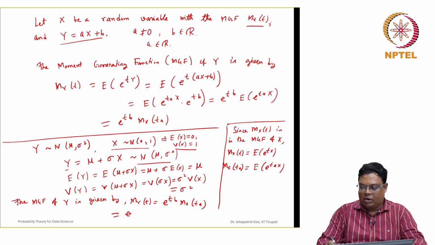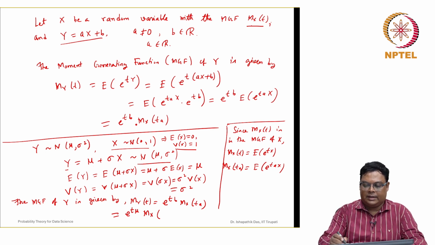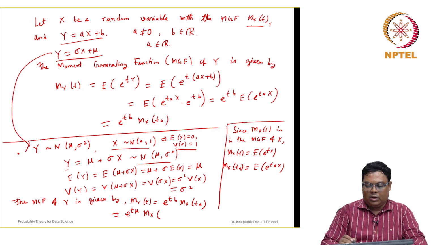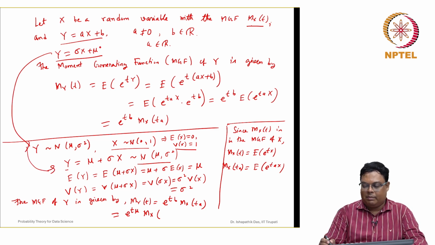So this is e to the power of t mu into mx of t sigma. If you relate with this result, here we have mu plus sigma x, so mu is nothing but b, so that's why it is e to the power of t mu, and sigma is a, so that's why t sigma.